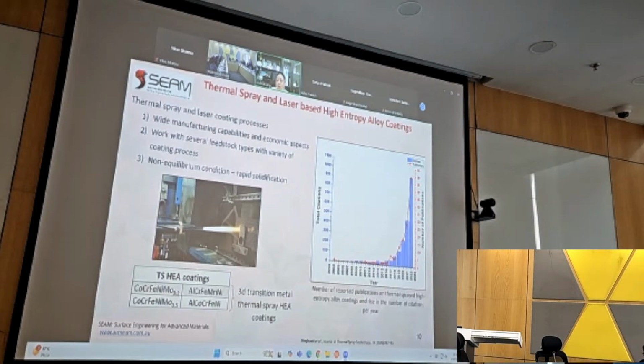Probably in 2025 we will break the 2,000 publications for the year. And we certainly have done special issues and all that on thermal spray. Ashok has published a review paper that has about 45,000 views, and I think Amy is also one of the primary co-authors in that paper.